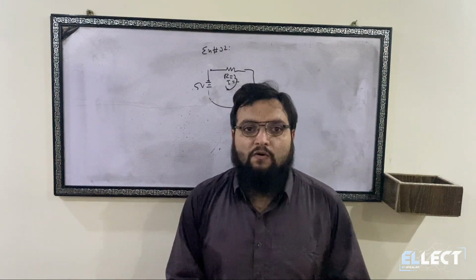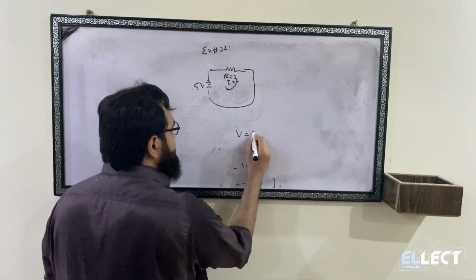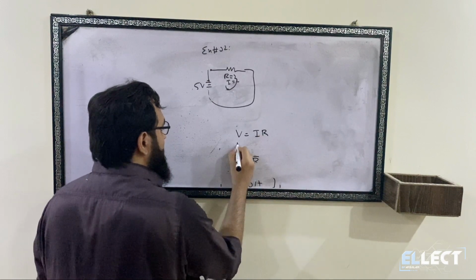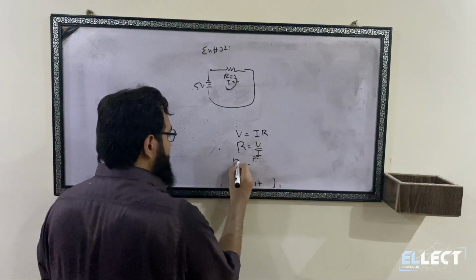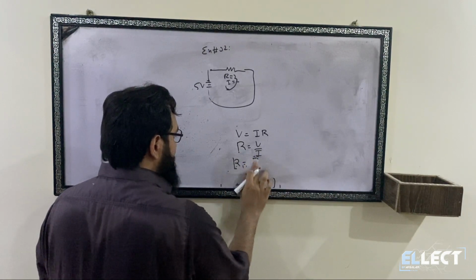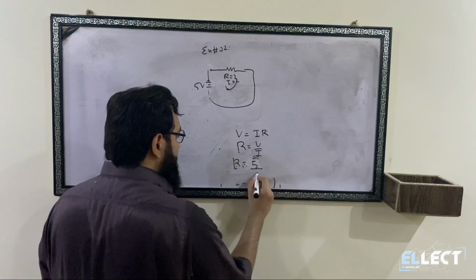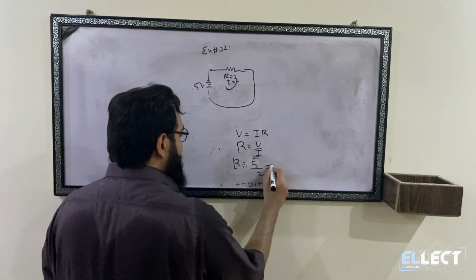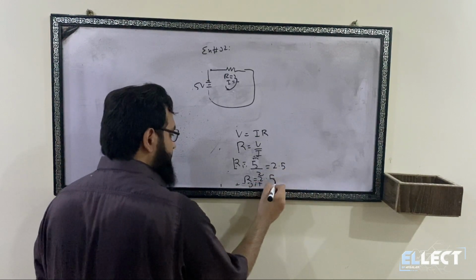So according to Ohm's law, we know that V is equal to IR, R is equal to V over I. So R will be equal to, the value of voltage is 5, the value of current is 2, so the value of resistance will be equal to 2.5.